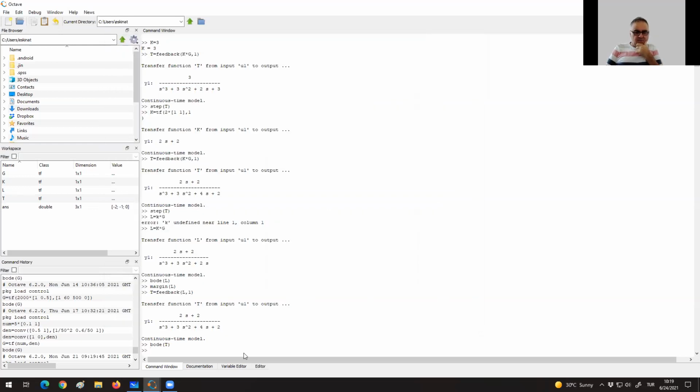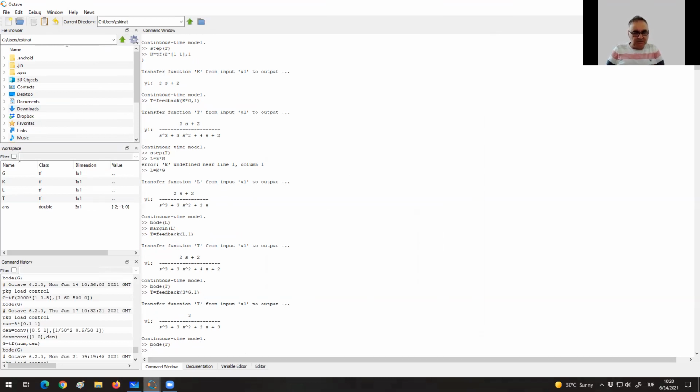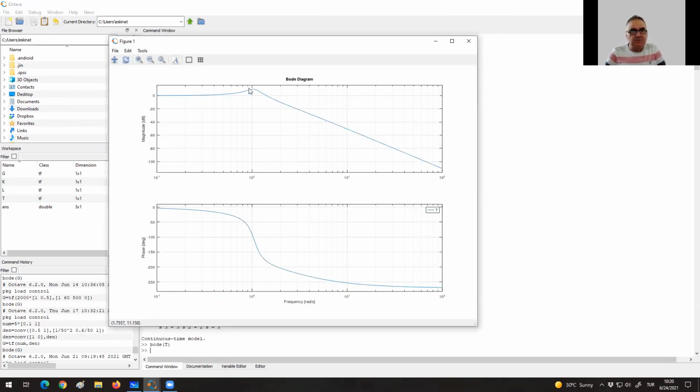But if we had done it with, let's say, 3 times G, if we had used the P control only, then we would be seeing a peak resonance. The bandwidth would be kind of the same, but there is a peak resonance here.